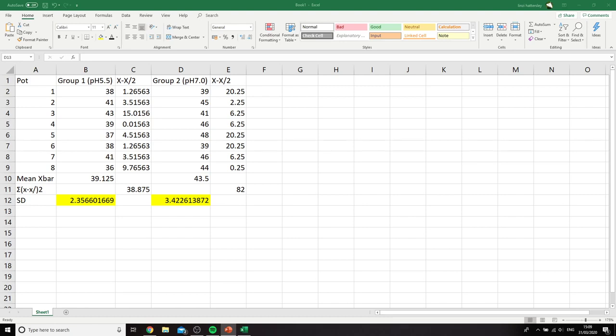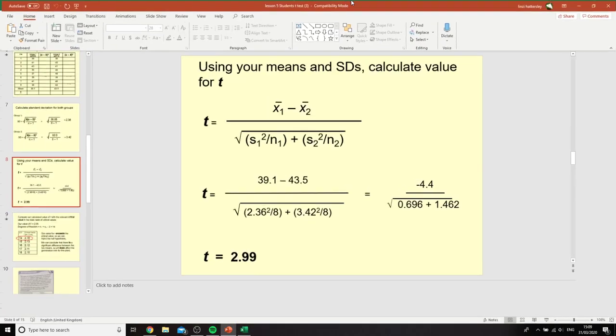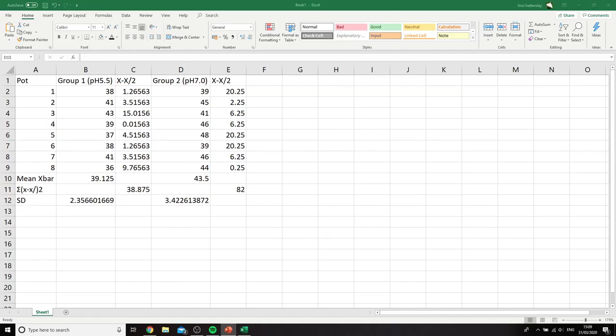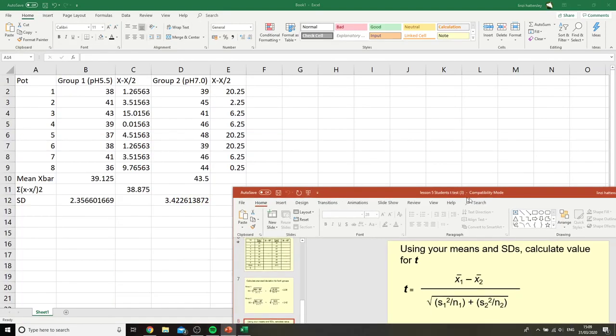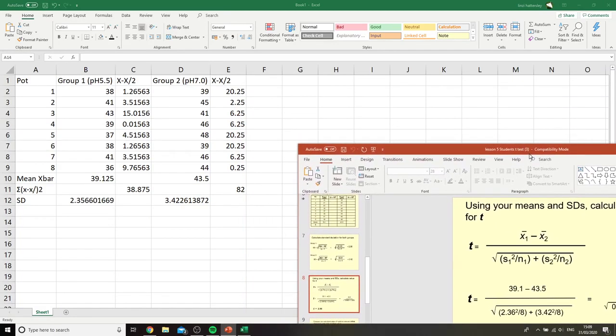Now comes the hard bit. That daunting equation that you saw first. This one. Okay. So let's make it easier on ourselves. I'm just going to pop this here so you can still see the equation.